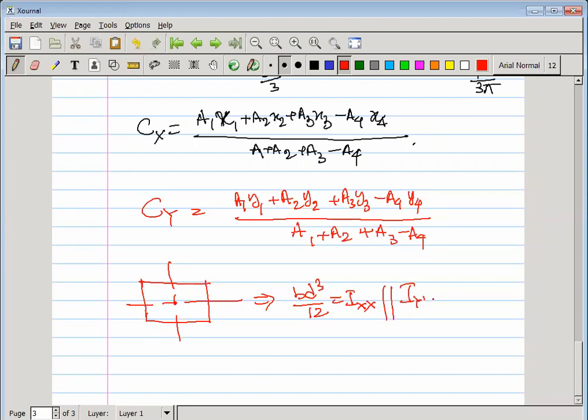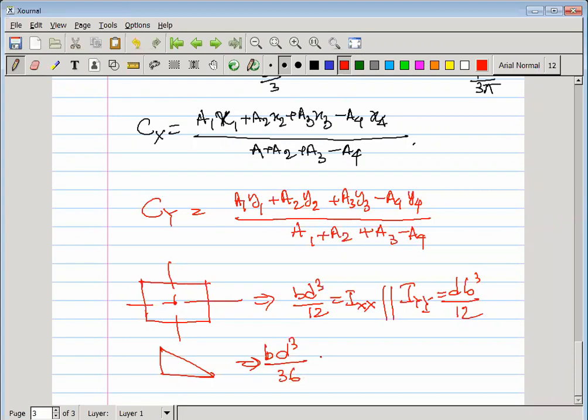And if we are talking about I of yy, then d b cube by 12. Similarly, for a triangle, I of xx is b d cube by 36.